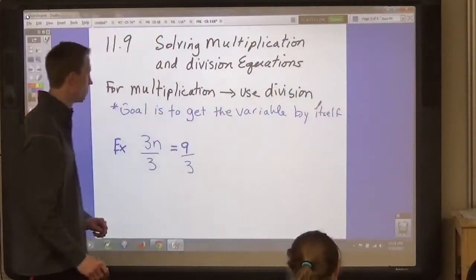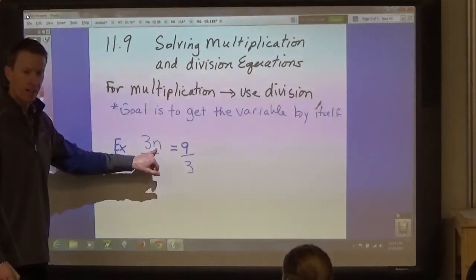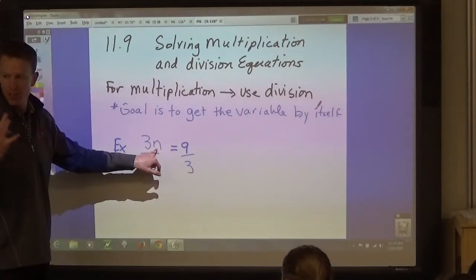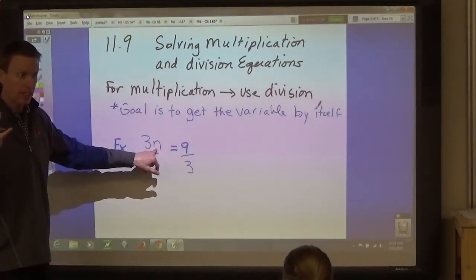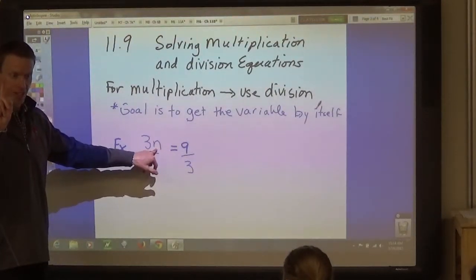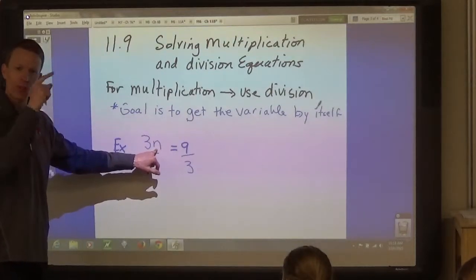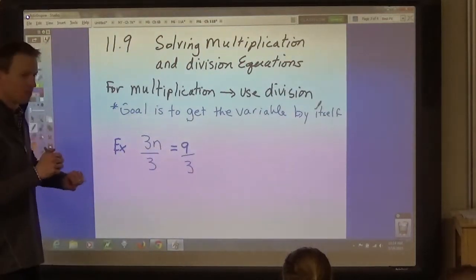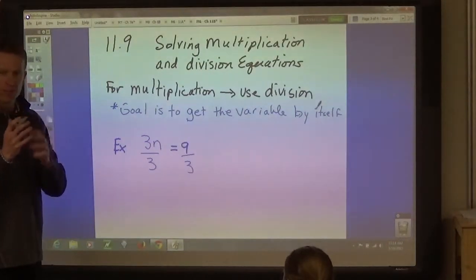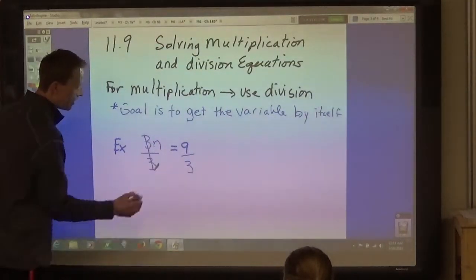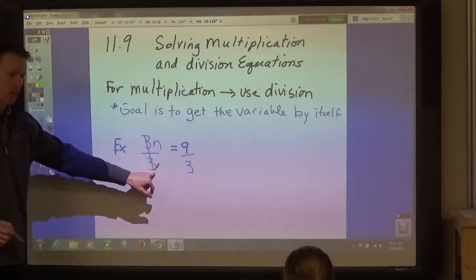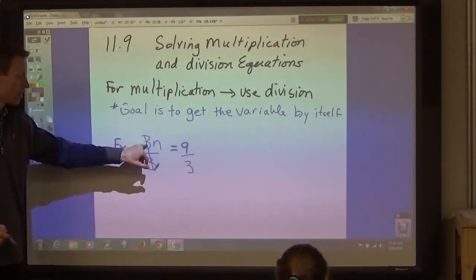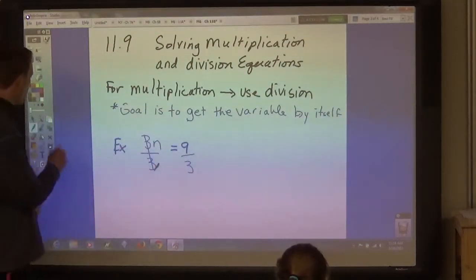In other words, we don't have 1n here. We have 3n. We have to get 1n. That's when we were making those groups. We'd circle the n's yesterday in modeling to make one group. Today we're going to do that same thing by just dividing by the same number, 3.